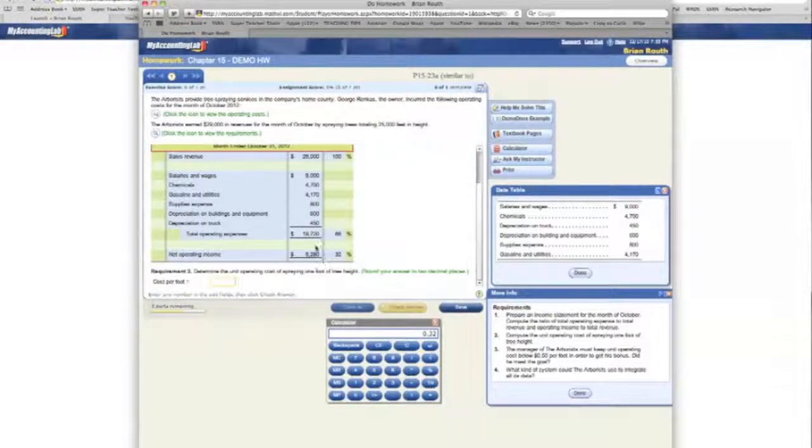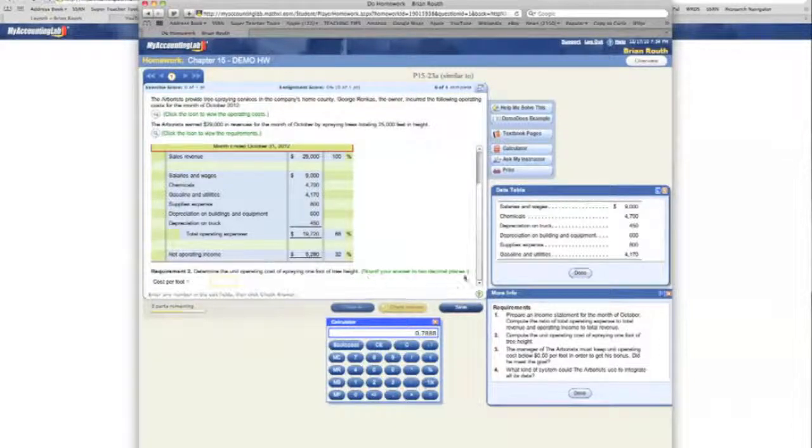So we're simply going to take the total cost of $19,720 and divide that. I forgot to clear out my calculator. That's important too.